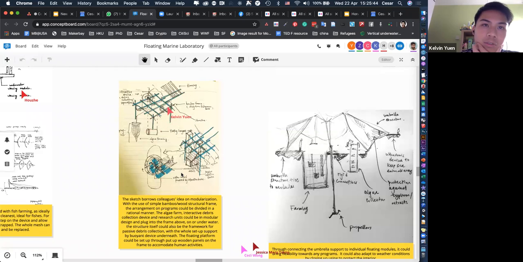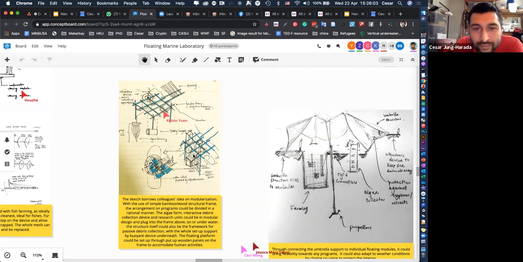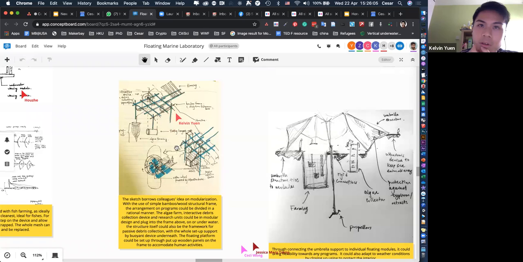In the structure part, we could apply a bamboo scaffolding structure, or maybe the structure applied by the local fishermen who have their fish farm, so that the structure could be easier to handle if we could get some advice from them. So it eases our burden on the floating part of the design.